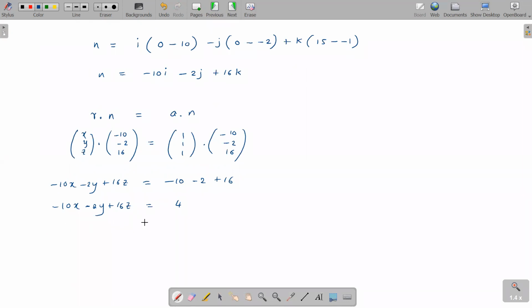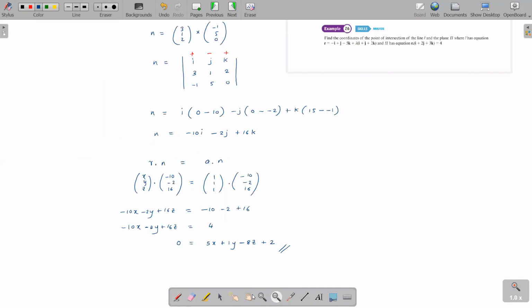Dividing by 2 and taking everything to the other side: minus 10 divided by 2 is minus 5, taking it here it's 5x. Minus 2 divided by 2 is minus 1, taking it here, plus 1y. 16 divided by 2 is 8, taking to the other side, minus 8z. 4 is already over here, so I don't need to change signs. 4 divided by 2 is 2. So this is the Cartesian equation of the plane.